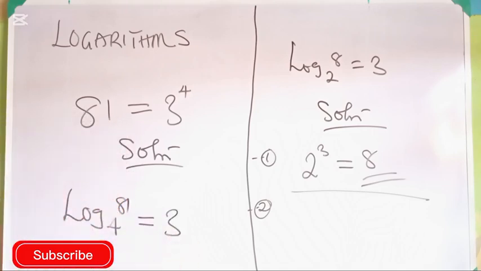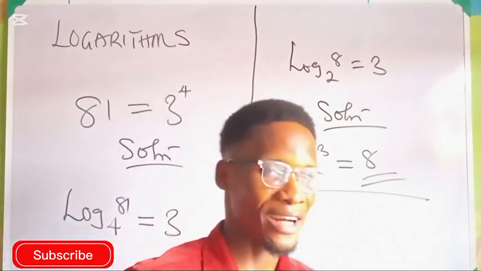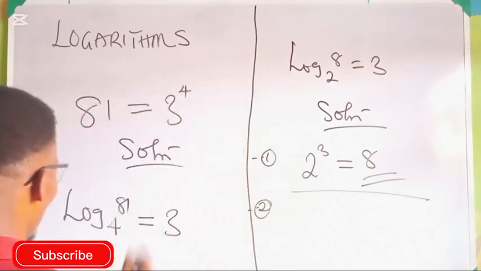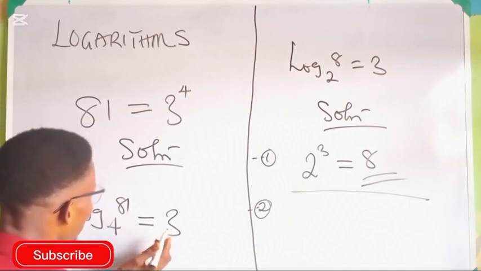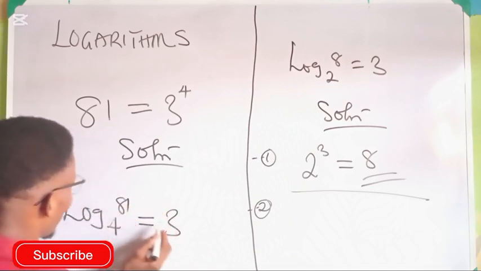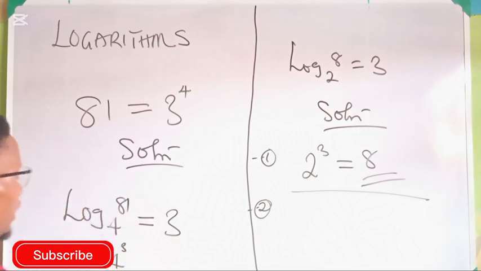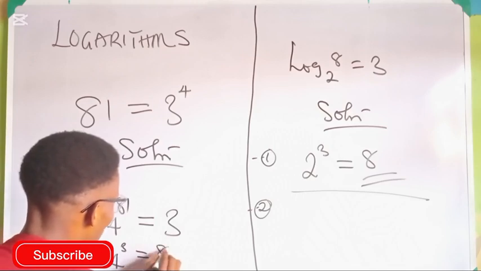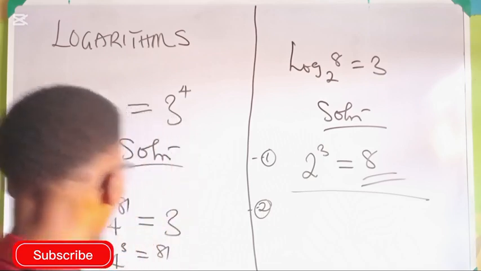Okay, so let's know whether that is going to work out, because someone may write it this way. So why I did this is for you to know how to solve. If this goes like this now, it's going to give us 4 raised to 3 equals 81, which is very wrong. Do you understand? It's very wrong. So that's not how you do it.